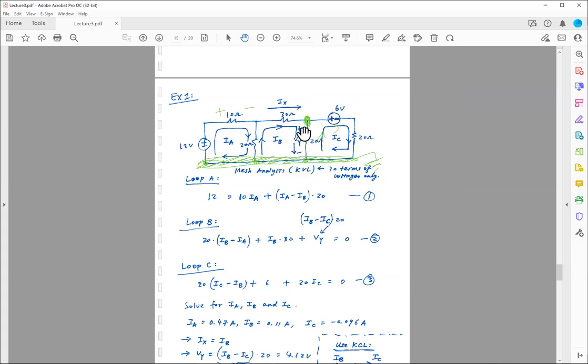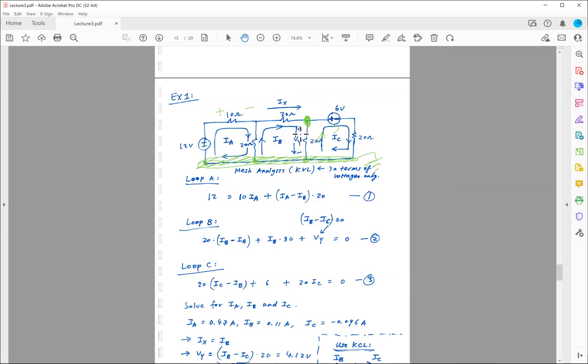And this is nothing but the current passing through this 20 ohm resistor times 20 ohm. I times R. So what is the current I? I is equal to the net current flow, IB minus IC. IB minus IC is going to create a current flowing downward.